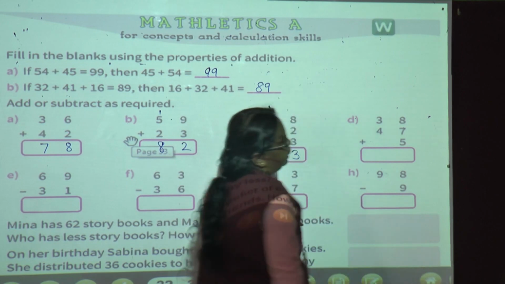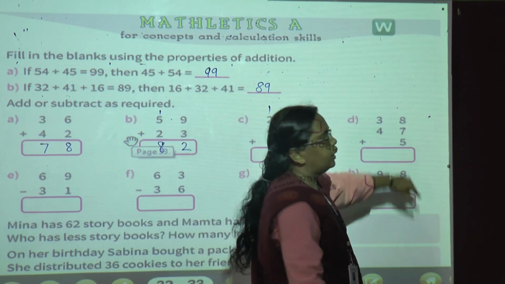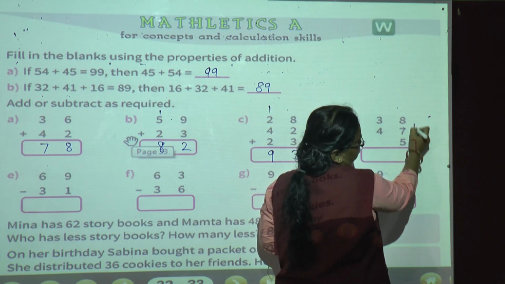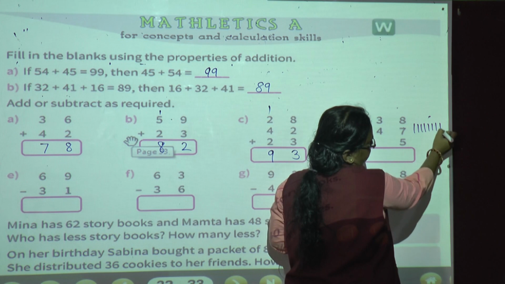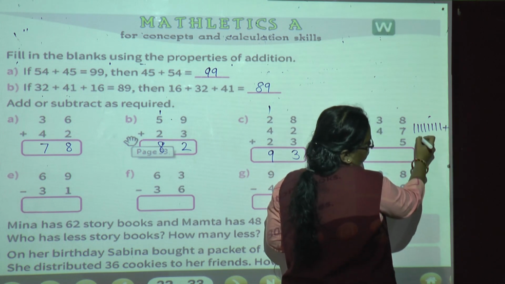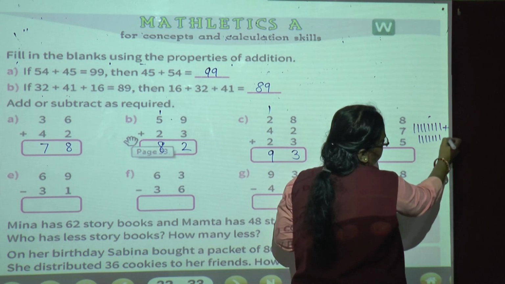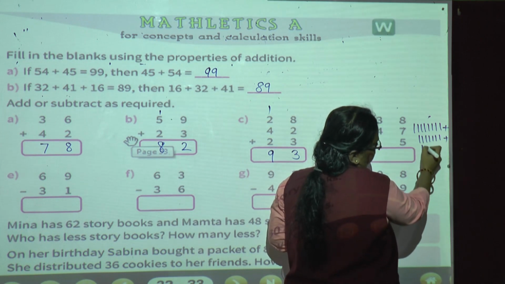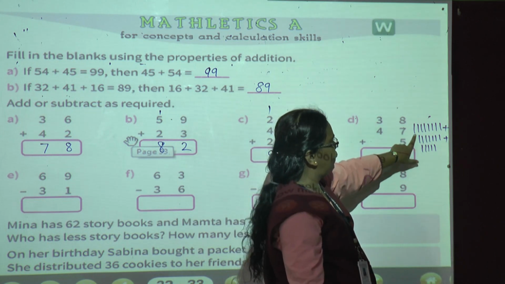Then 8 plus 7. How I told you to solve here, in this way. 1, 2, 3, 4, 5, 6, 7, 8. Okay. Plus 1, 2, 3, 4, 5, 6, 7 plus 5. 1, 2, 3, 4, 5. Now everything you should count together.